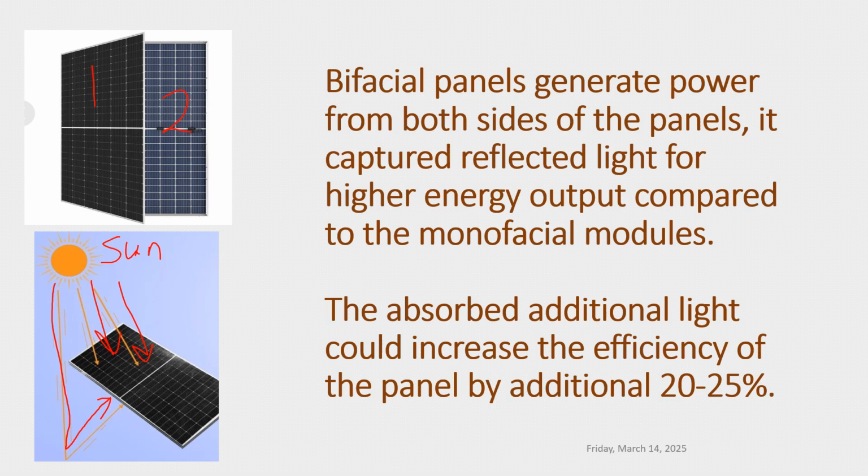The efficiency of the panel is its ability to convert the energy hitting the panel. So if the backside captures more energy, then it converts it, and there will be up to 25% additional energy generated compared to the monofacial.